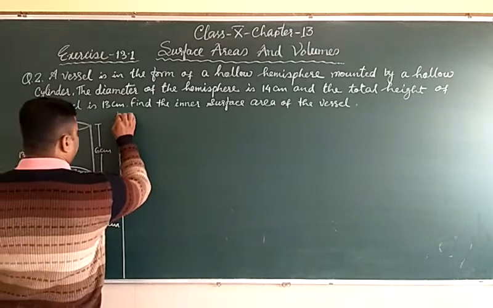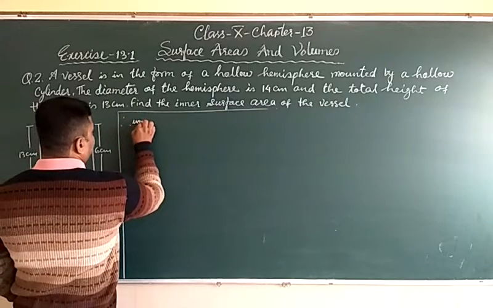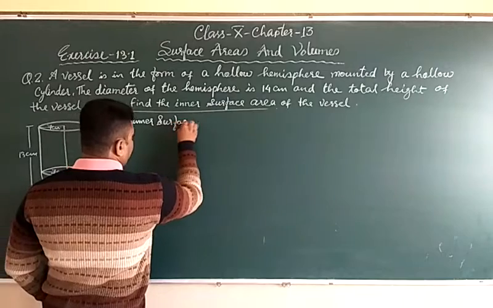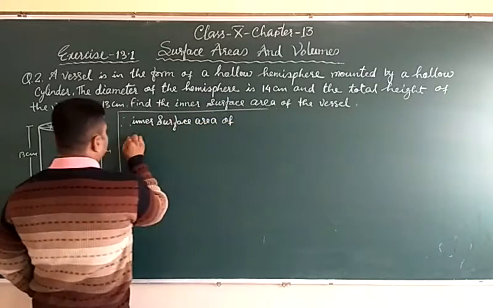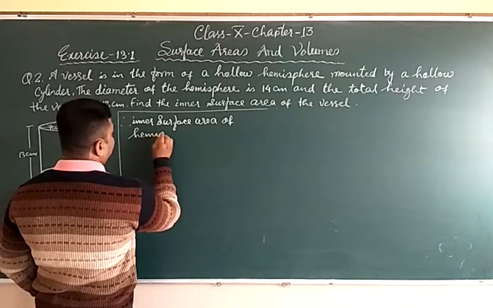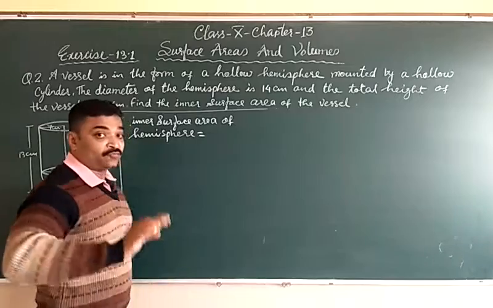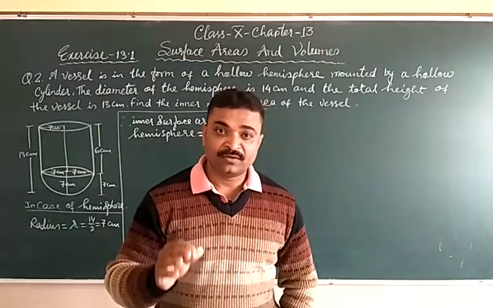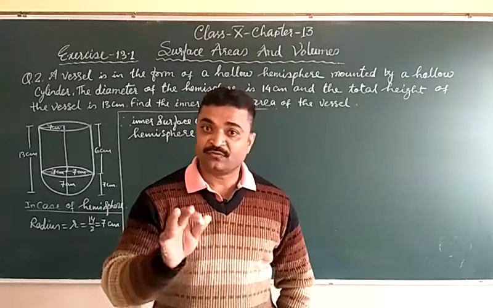So therefore, the inner surface area of the hemisphere is equal to, what is the curved surface area of a sphere, that is 4 pi r square.